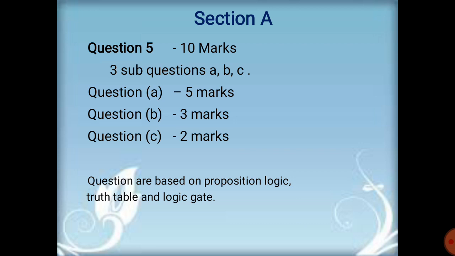All the questions are from the third chapter of section A syllabus, that is propositional logic and Boolean algebra. Mostly questions are based on propositional logic, truth table and logic gates. Here a Boolean expression is given. Sometimes you have to draw its truth table and sometimes you have to draw the logic gates of this expression.